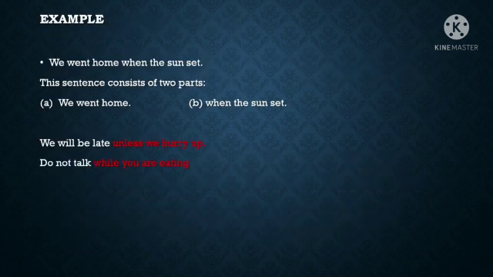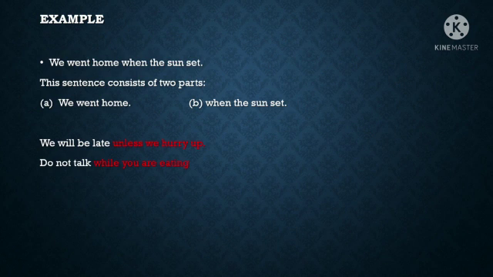See the example. We went home when the sun set. So this sentence consists of two parts, two clauses. One is a main clause and the other is a subordinate clause. We know the meaning of main clause. Main clause is an independent clause, right? So we went home is an independent clause because it has a definite meaning.